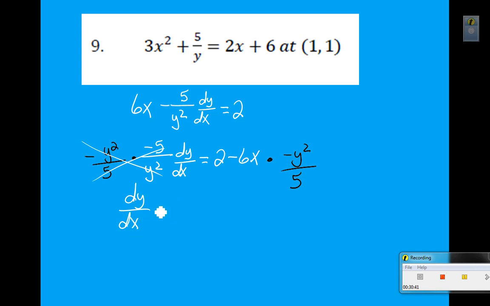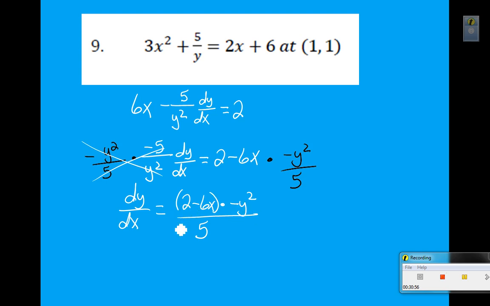And then what am I going to wind up with on the other side? Well, I'm going to have a 2 minus 6x times negative y squared all over 5. You can leave it like that. You could bring this y in front. You could distribute that y squared if you want.